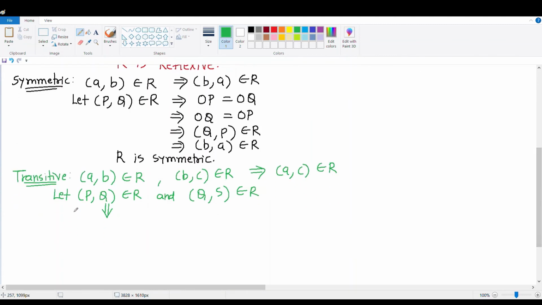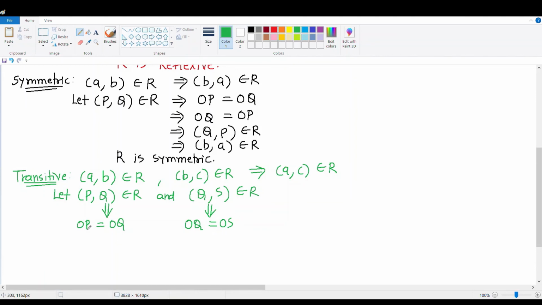That means the distance of point P from origin must be equal to the distance of Q from the origin. Now if (Q, S) is also in R, this implies that OQ is equal to OS. The distance of Q from origin is equal to the distance of point S from origin.